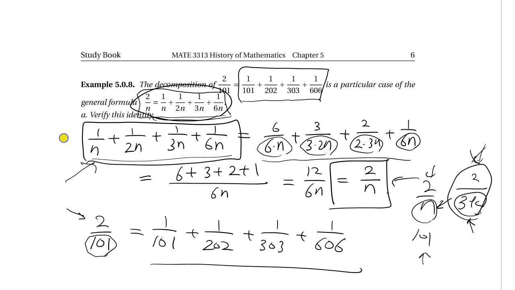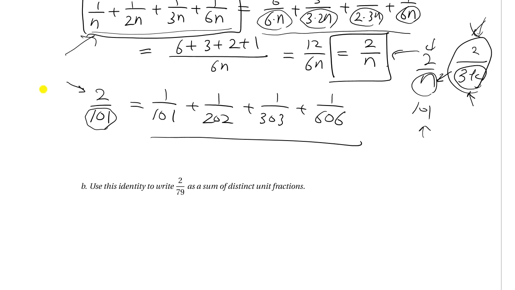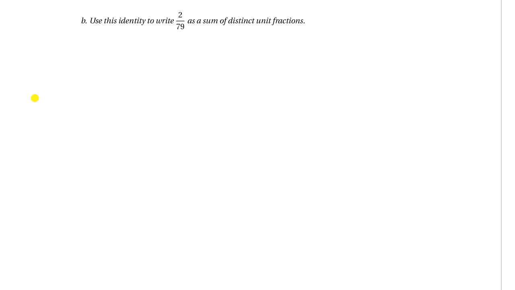So let's see. Let's apply that formula here. The given number is 2 over 79. The first thing we want to check is whether 79 is 3 times a certain integer, right? But that is not a multiple of 3, so it's not. So the meaning is we can apply the first formula.